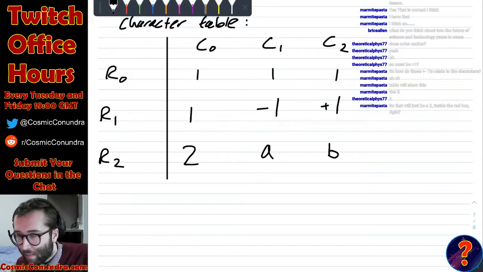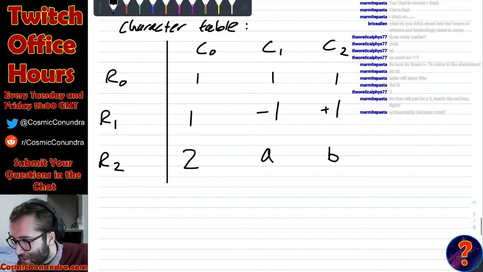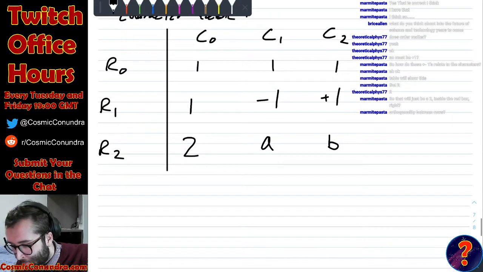There's another useful fact about characters, which is that characters, if you make a vector out of them, they'll be orthogonal to each other, these irreducible representations. So, yes, exactly, orthogonality between rows.